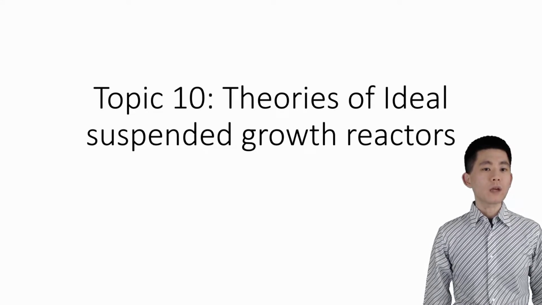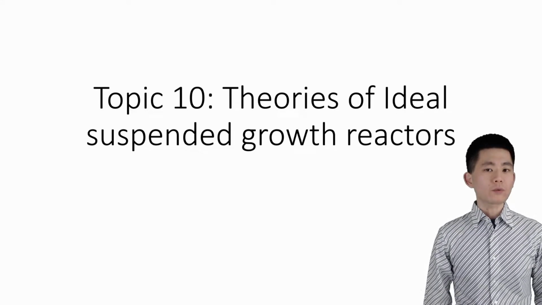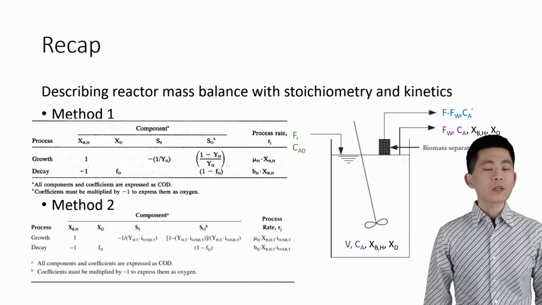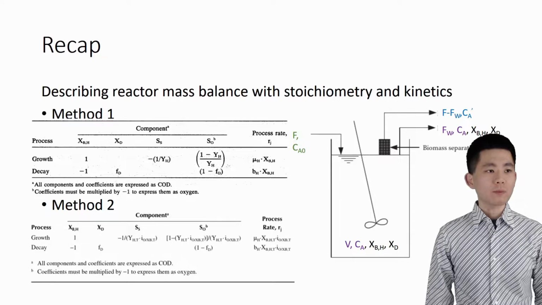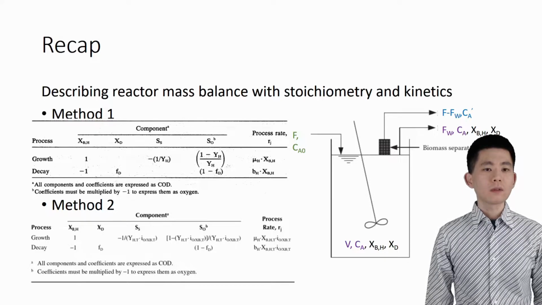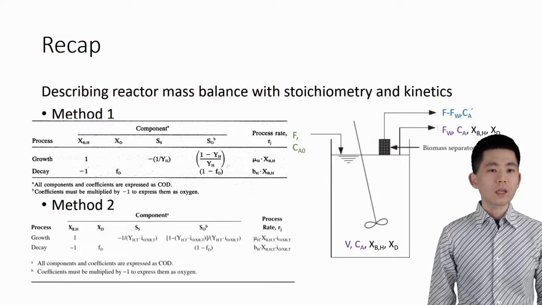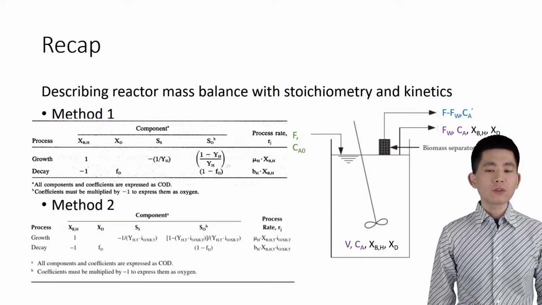Let's continue with our discussion on suspended growth reactors. In the previous session, we conducted the mass balance for generic component A for the biomass separator configuration, and used the matrix method to compile the stoichiometry and kinetics for the components of interest in a simple setup: an aerobic CSTR treating a single organic substrate with a single group of biomass.